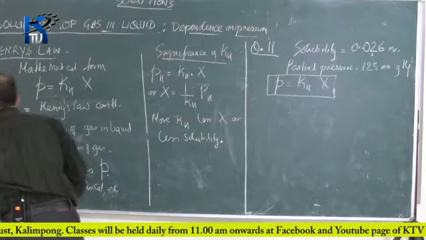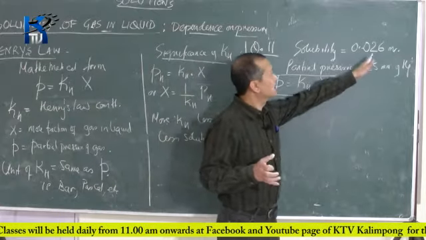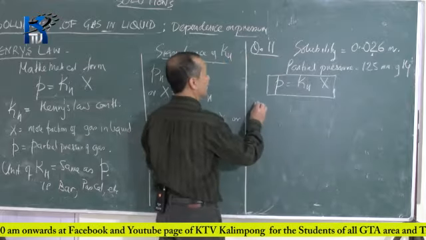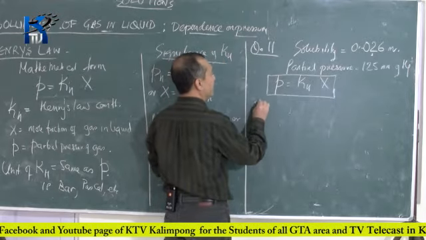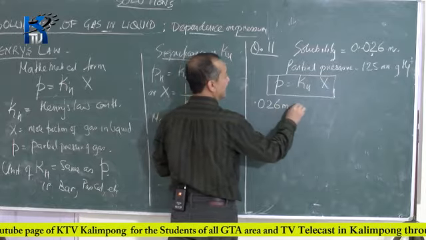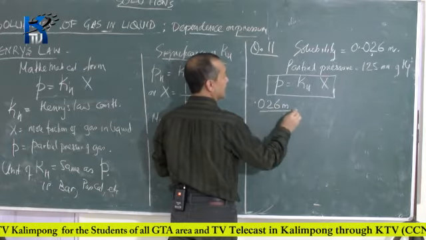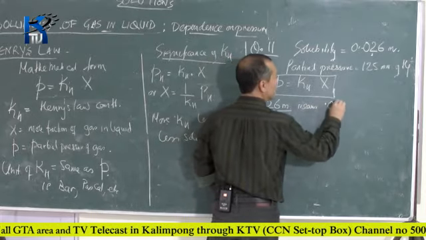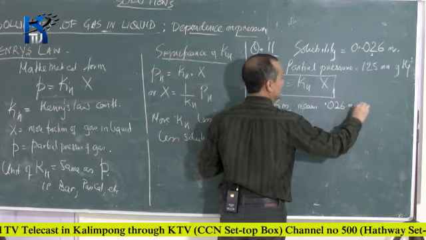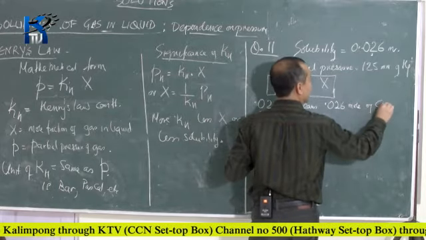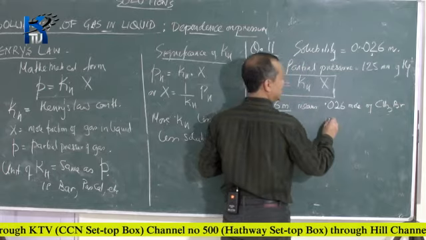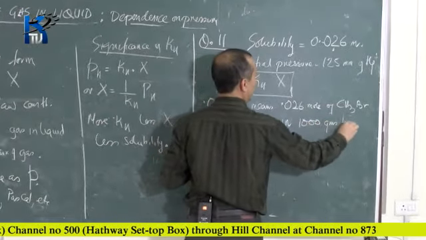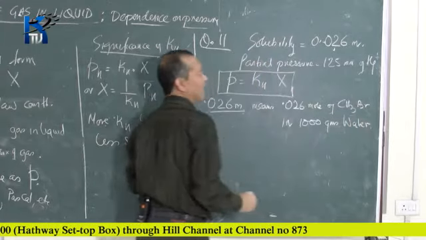So what we'll do now is convert this solubility in molal strength to mole fraction. 0.026 m means 0.026 mole of methyl bromide is present in 1000 grams of water.